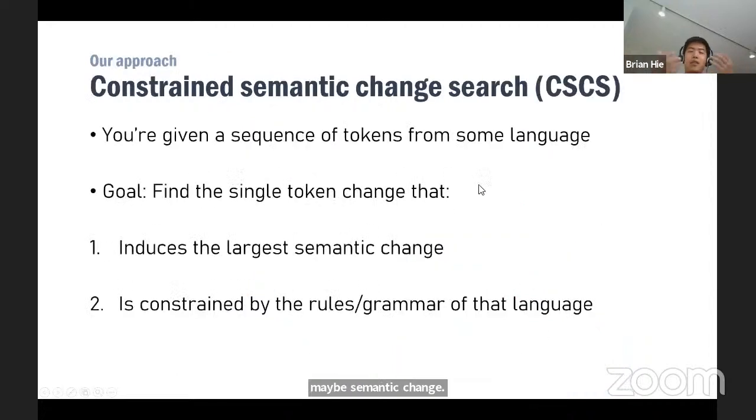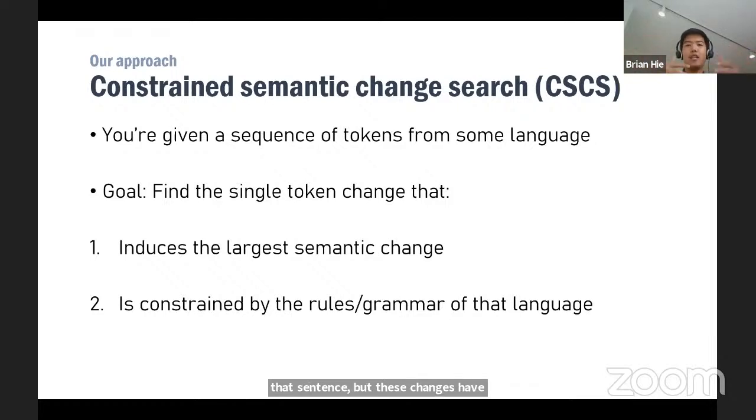And to formalize this a little more, this is the key word game that we introduce to model viral escape. It's what we call a constrained semantic change search, or CSCS. It's a pretty simple word game. You're given a sequence of tokens from some language, and your goal is to find the single token change that, number one, induces the largest semantic change to that sentence, but these changes have to be constrained.